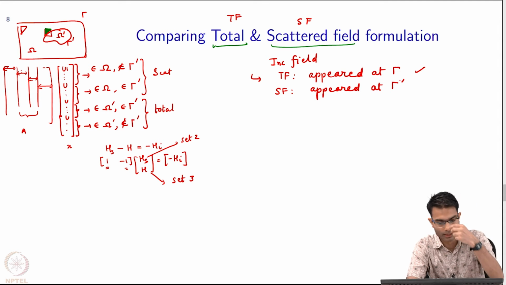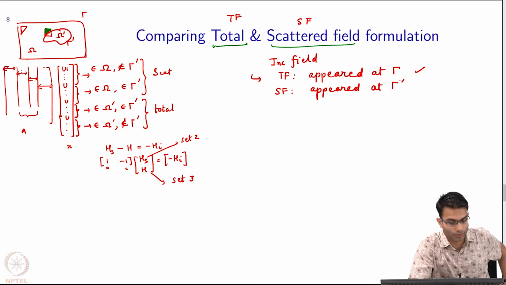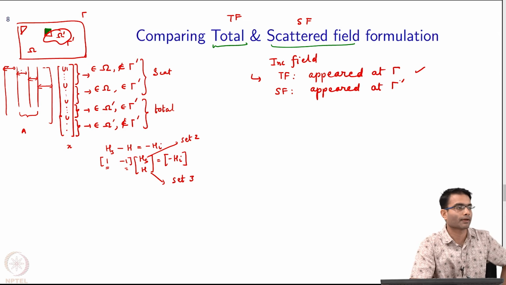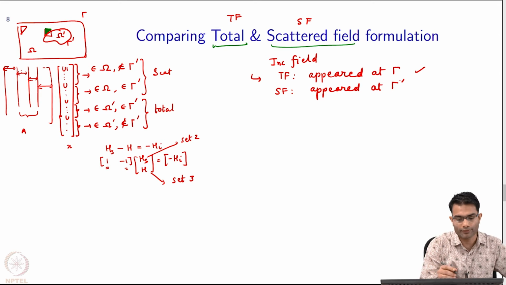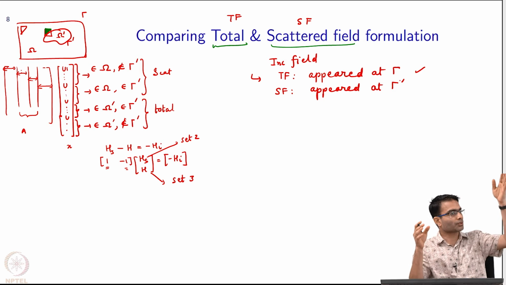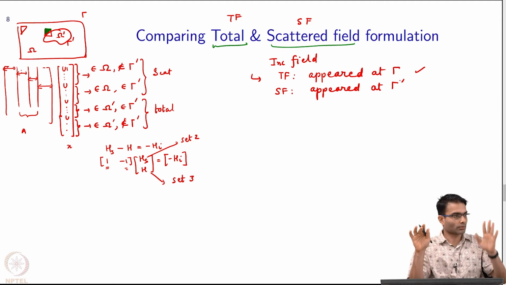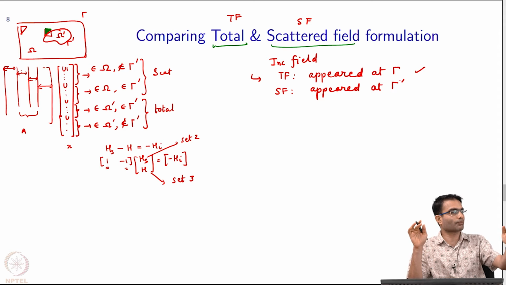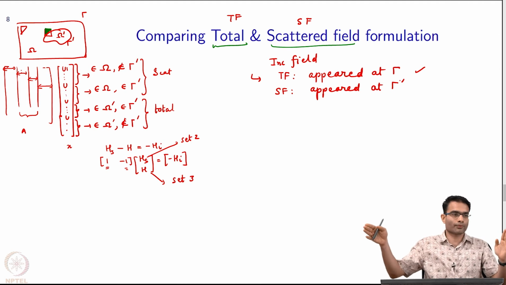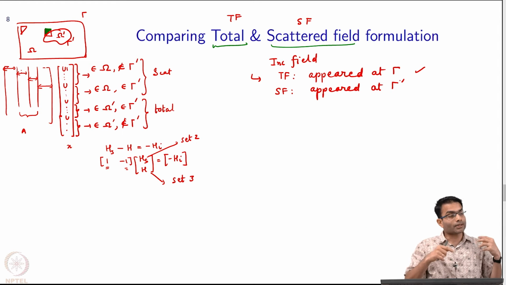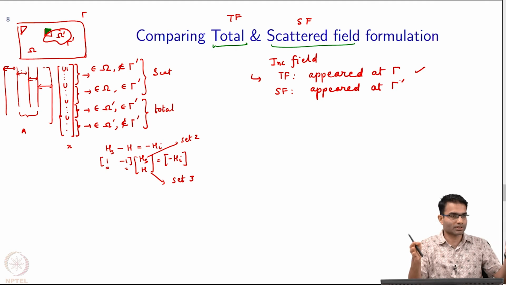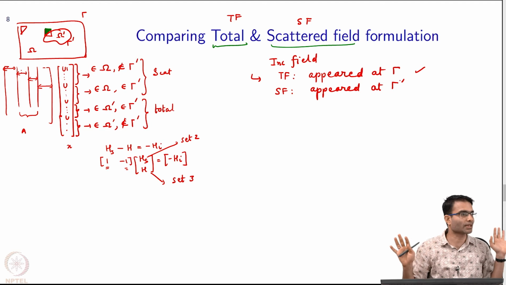So, here is an aspect of numerical computation which you should know. Supposing I have a boundary and I introduce no object, I introduce a plane wave source at one point. I know analytically the form of what the field should be because there is no object, just a plane wave. But I can choose to solve this on the same finite element mesh. I should get the same answer as the analytical solution. But will you get the same answer?